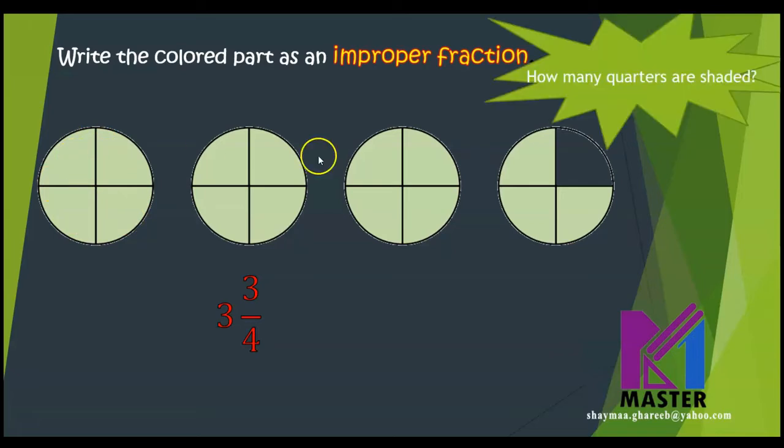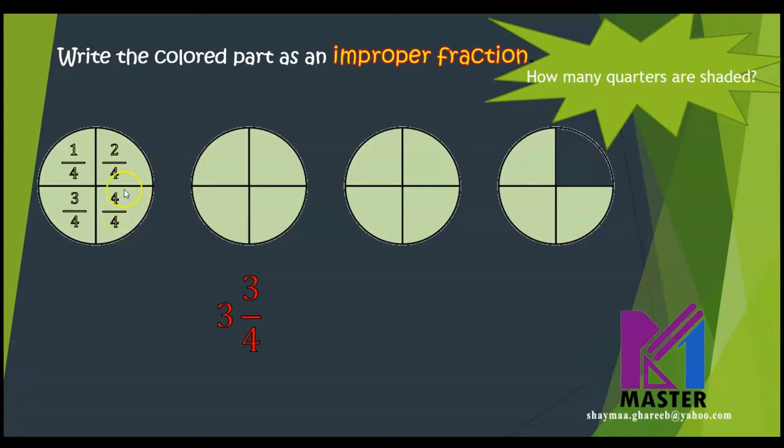So now let's find out how many quarters are shaded. 1/4, 2/4, 3/4, 4/4, which is one whole. Do you remember how we form one whole?